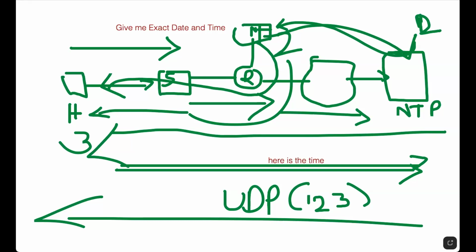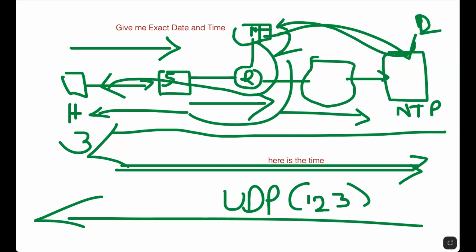Sanayana, why is NTP used? NTP is used to synchronize the clocks of devices in a computer network. That is correct. Thank you.